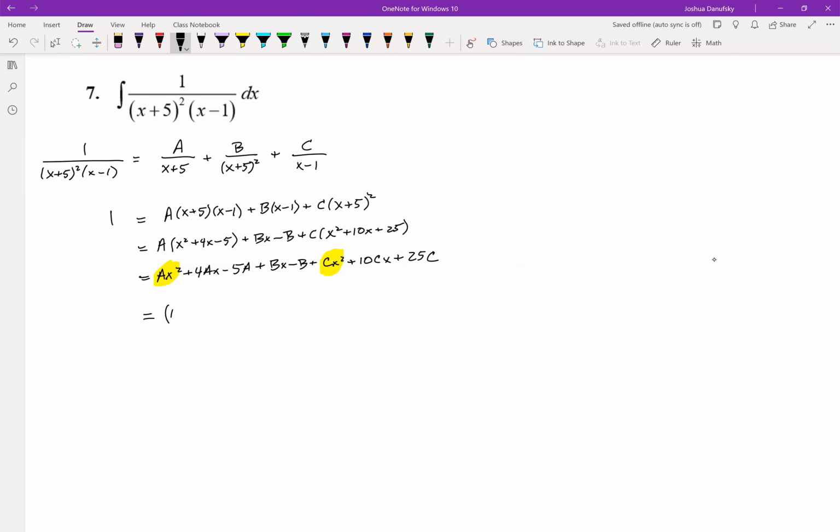That'll give us A plus C x squared in yellow. Now we have a 4Ax, a Bx, and a 10Cx, in purple. And finally, we have our constants in blue.